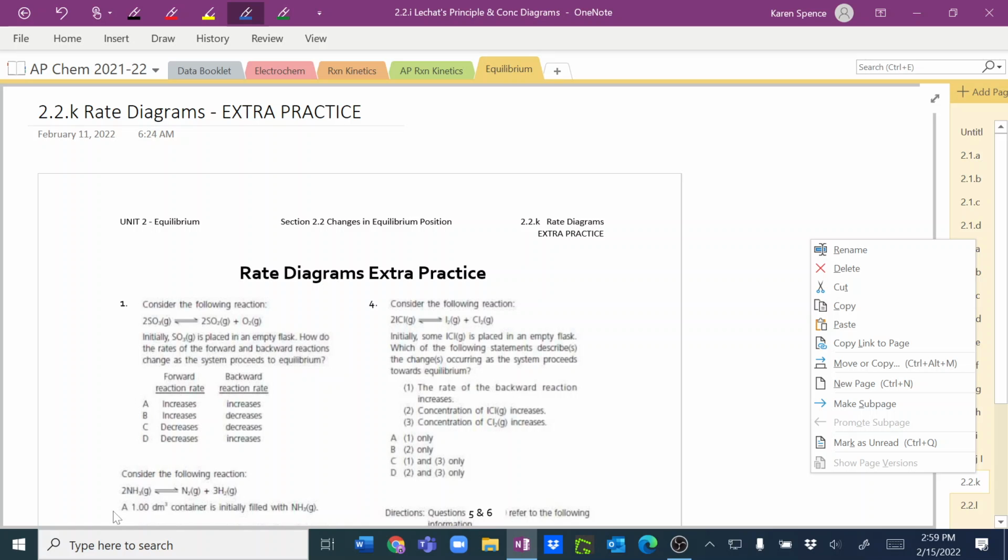The system is going to take some of that kinetic energy and transform it into potential energy. So that means our potential energy diagram would be going up. So this is endo.